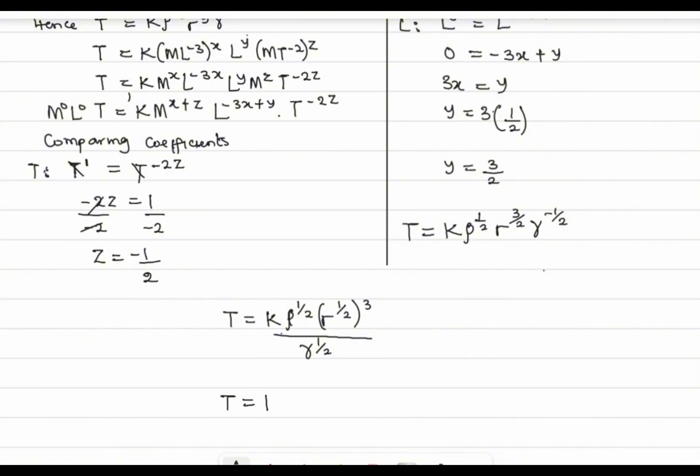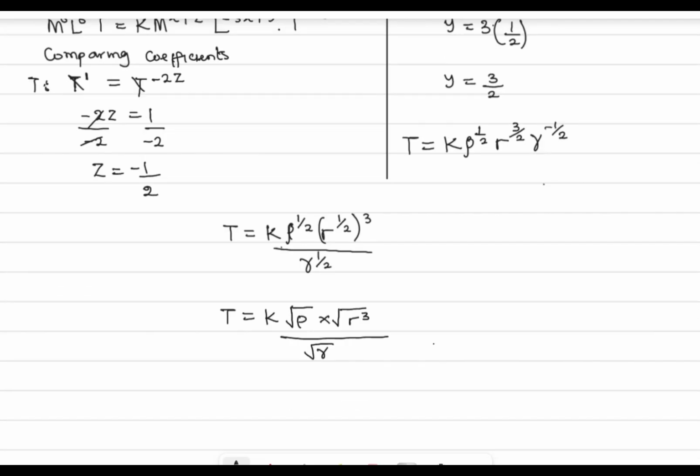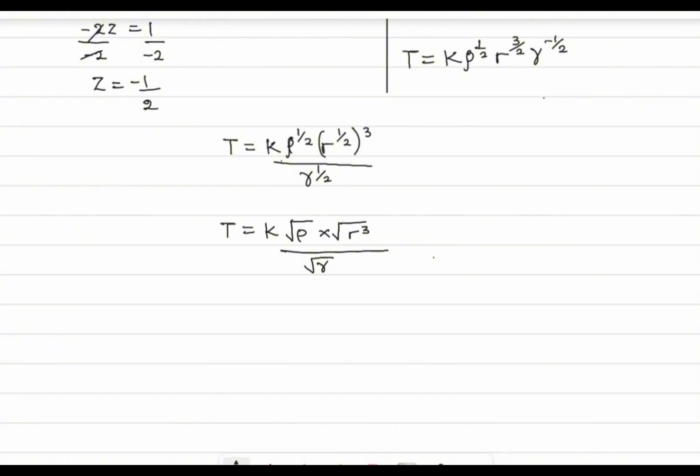It depends on what the answer in the option looks like. So this will be square root of density times square root of radius raised to power 3, all over square root of surface tension. Sorry, not viscosity, surface tension. I think I said viscosity the other time. So this will just be T is equal to K all into a big square root now.